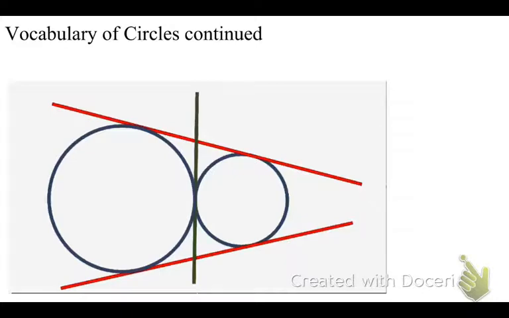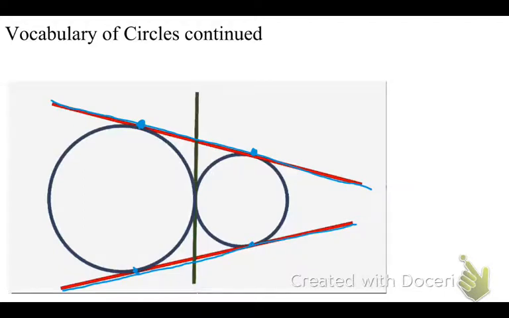So here we have some tangents. Here's a tangent, and its point of tangency is about right there for that circle, and its point of tangency for that circle is right about there. We have another tangent, and it's tangent to this circle and also tangent to this circle at their points of tangency.